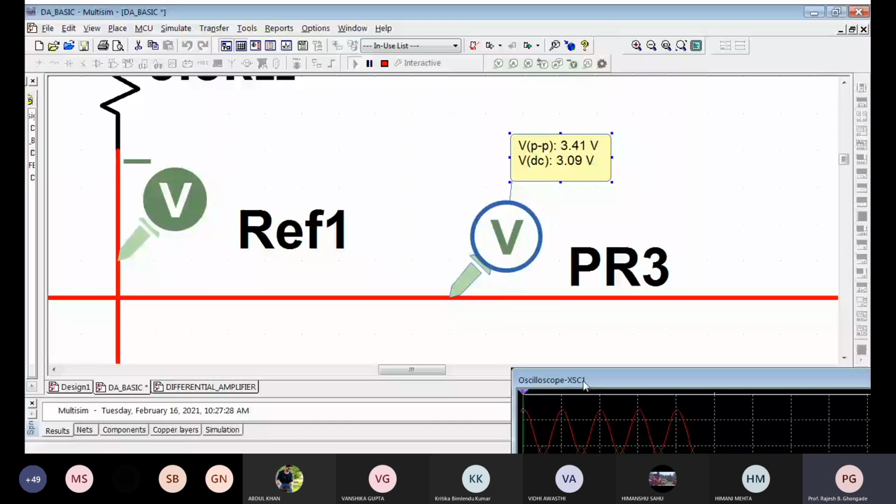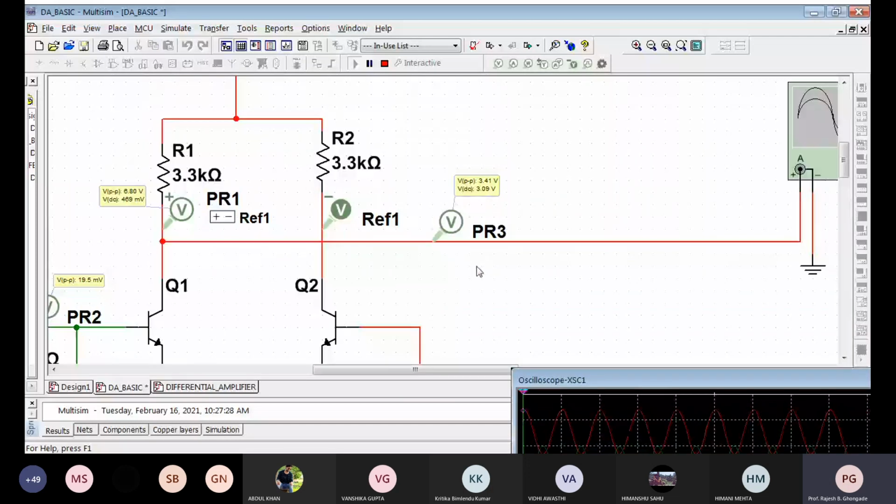Of course, the second stage can be designed to offset or compensate for this, but finally the output stage will also have a DC content in its output. Are you able to understand this? So how to solve this problem?